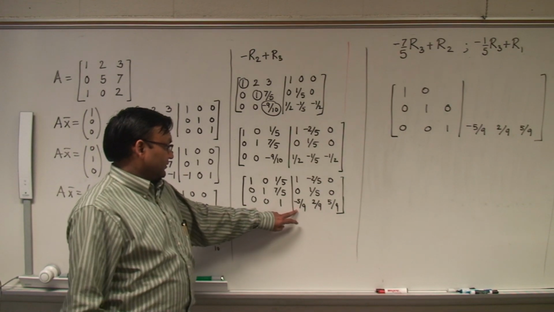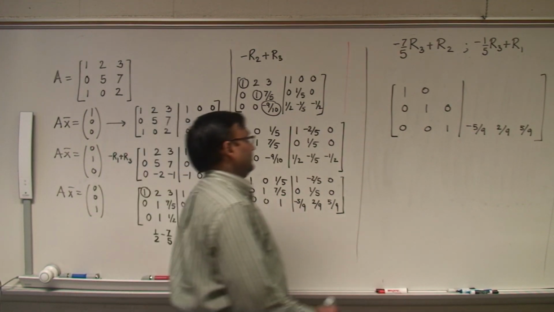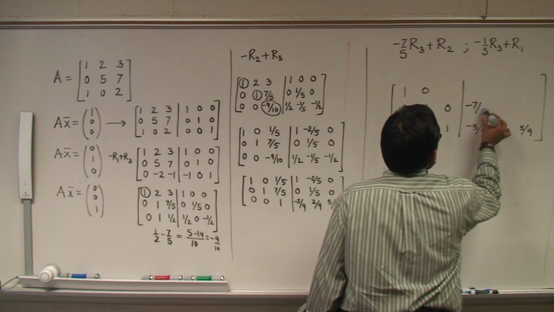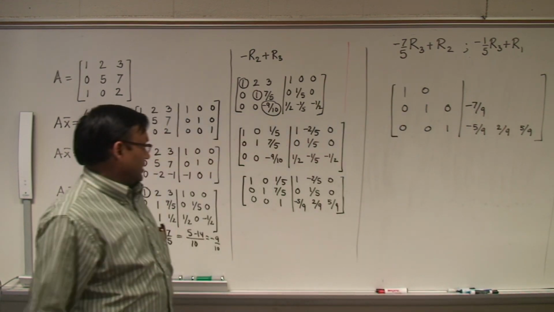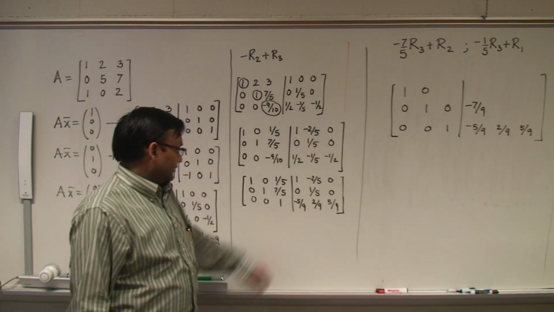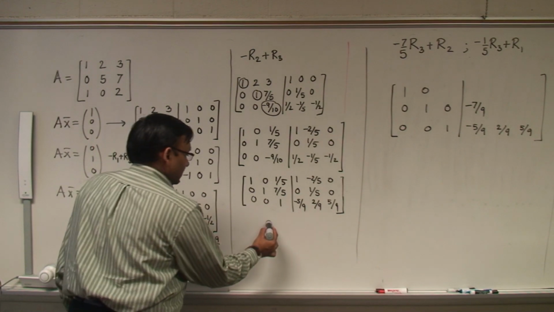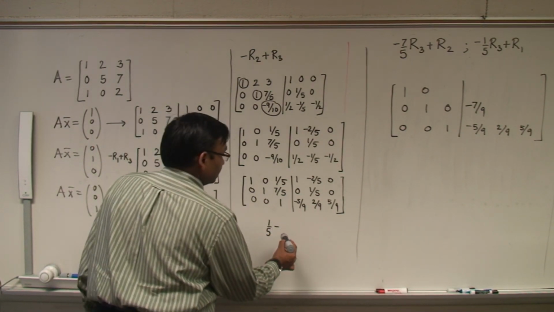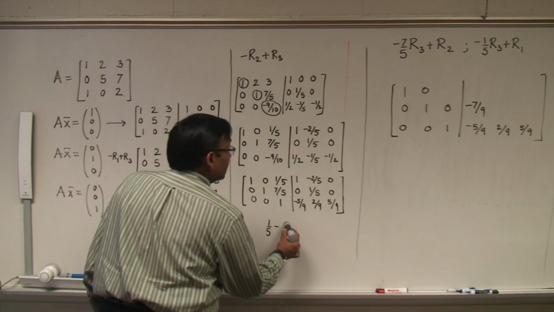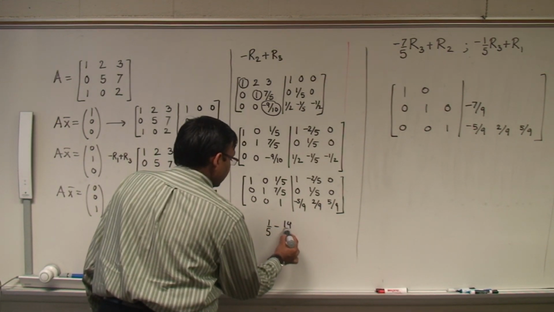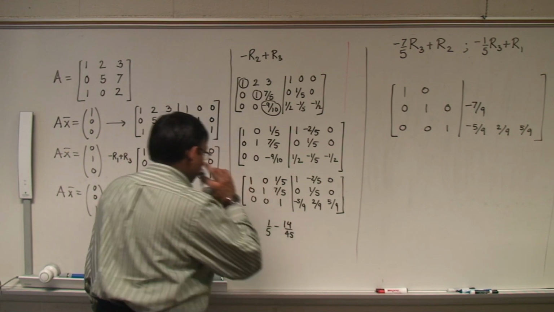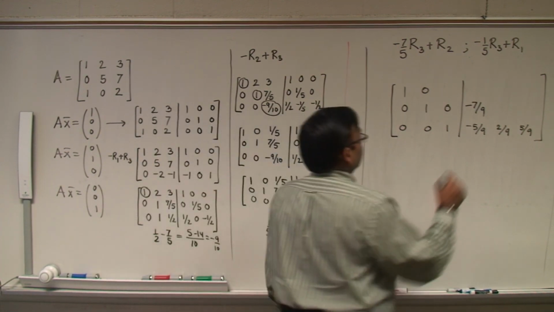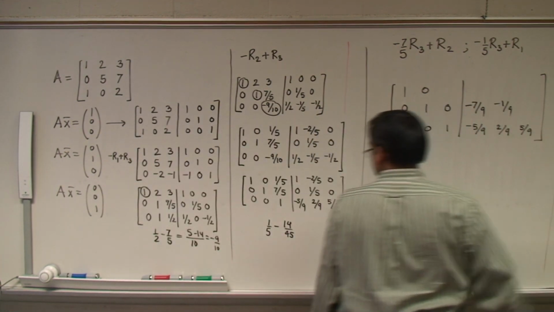Minus 7/5 added to this will give you minus 7/9. And this would be 1/5 added to, what is minus 7/5? Okay, so it will be minus 14/45. So it will be minus 5/45 minus 1/9.